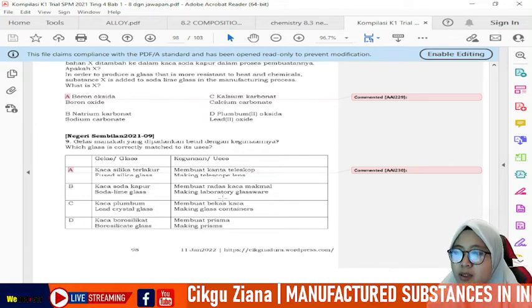Is soda lime glass correct for making laboratory glassware? What is soda lime used for? You must remember. Glass for window. Lead crystal glass? For making prisms. Borosilicate is for laboratory glassware. So, you must know.